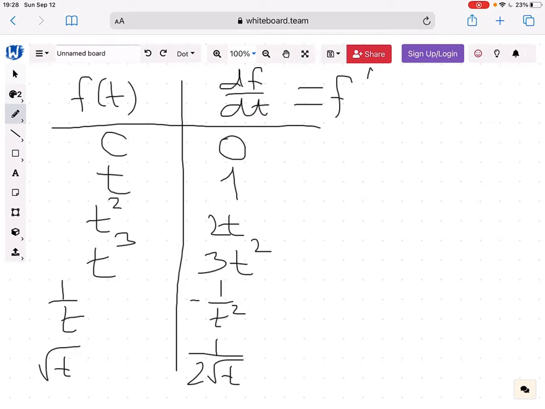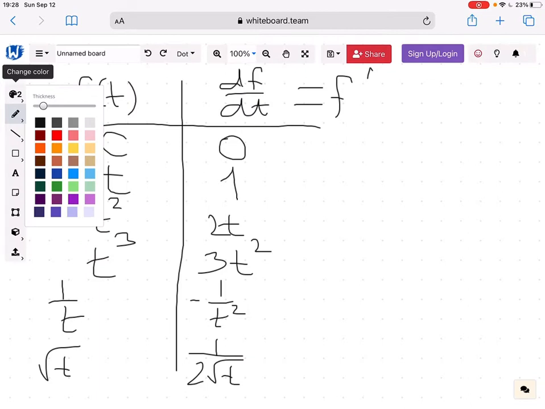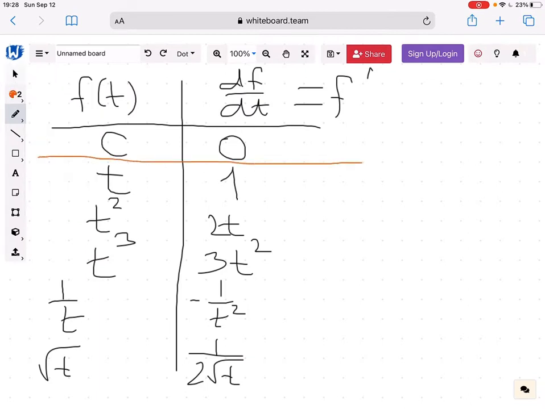Let's look at all of them except for the first one. Let's just look at what's below this orange line. Just to give you some help, let me remind you, what is t? t is t to the power of 1. 1 is t to the power of 0. 1 over t is t to the power of minus 1.